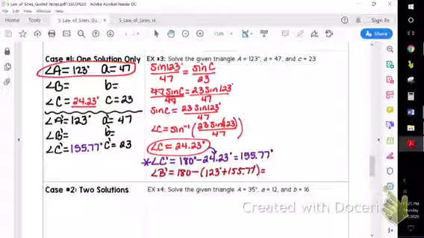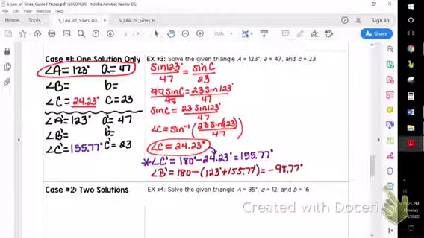And when I do that, I got negative 98.77.